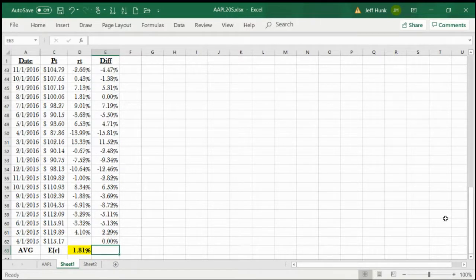Some of you may say, what if we use only the positive difference terms? Well, what's going to happen if you use only positive terms? It is not going to give you a correct representation of the deviations.